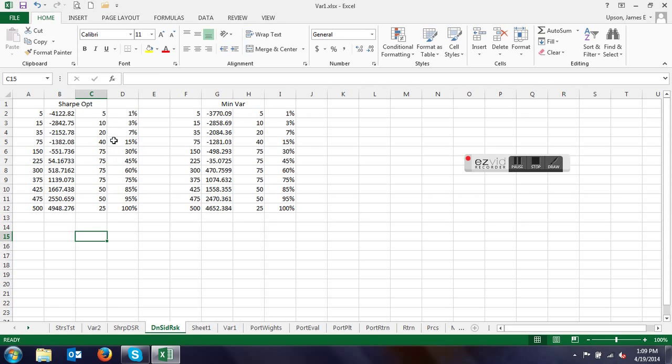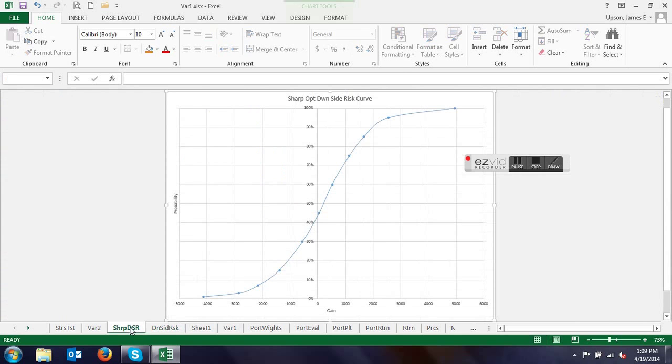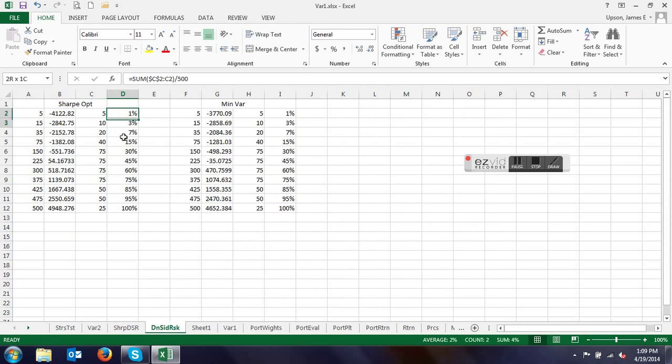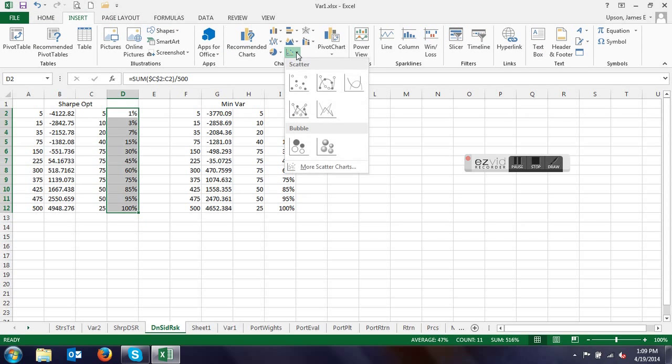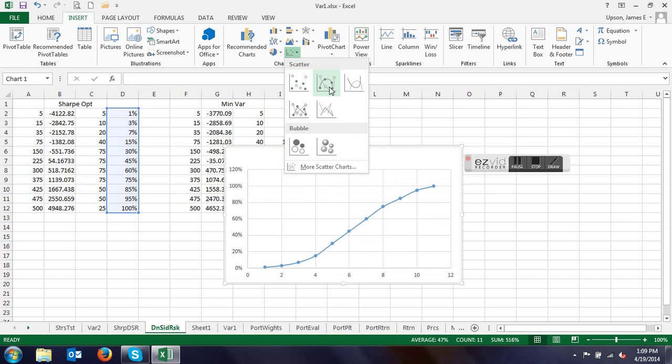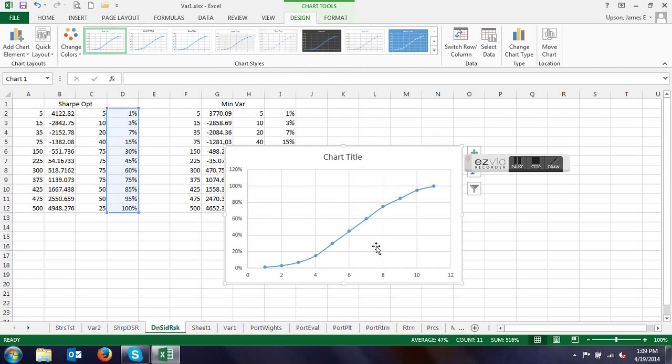Alright, the next thing we want to do is go ahead and create a plot, a downside risk curve that's going to look similar to this. To do that, I'm going to start by highlighting my percentages, cumulative probabilities. Come over here to Insert, and I'm going to insert a scatter plot with the curve. So here's my chart.